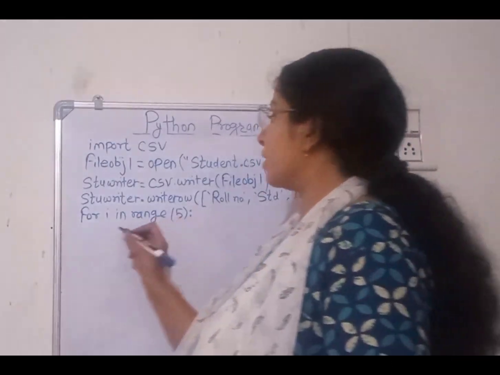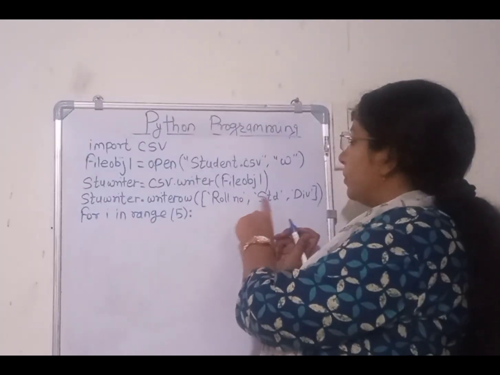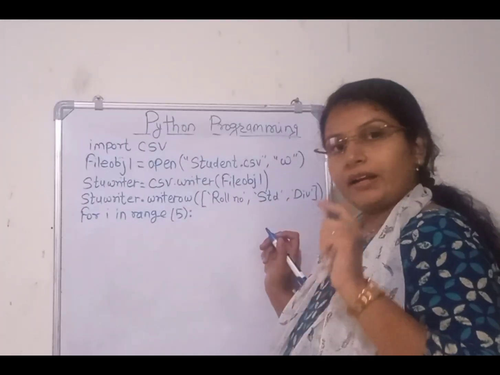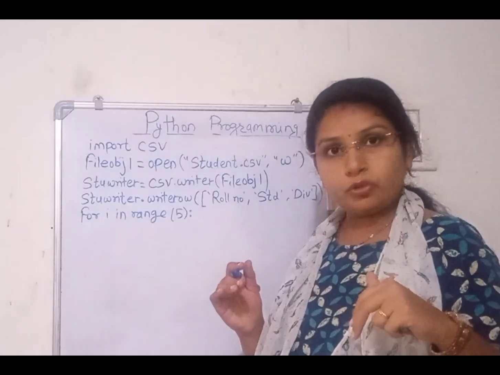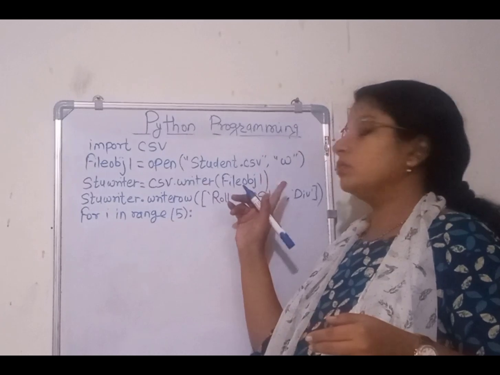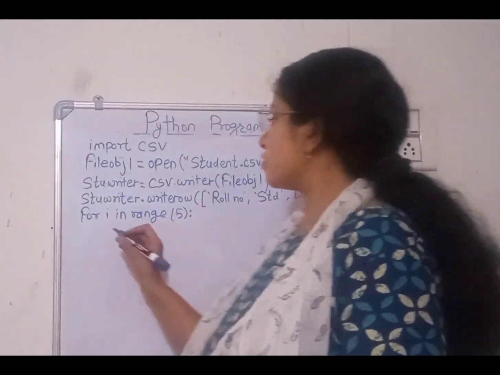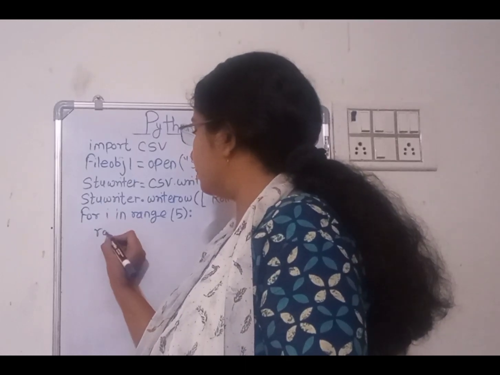So here I am declaring the variable for roll number, standard and division, and then I am taking the data one by one from the user, and then I am just adding the data into your CSV file using write row. So my first variable will be, suppose, roll.